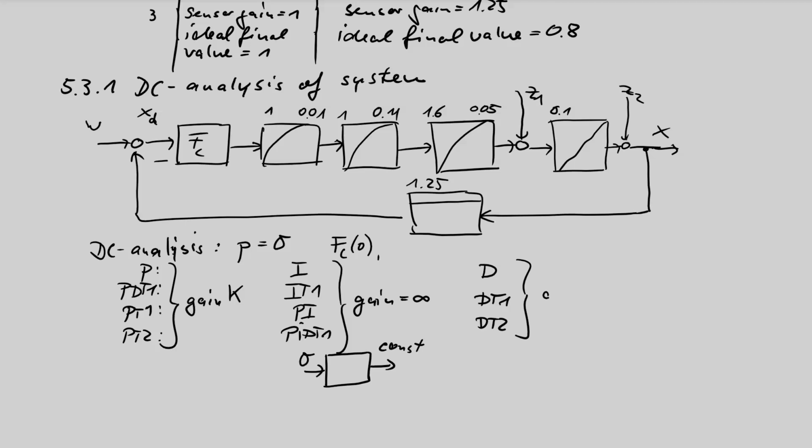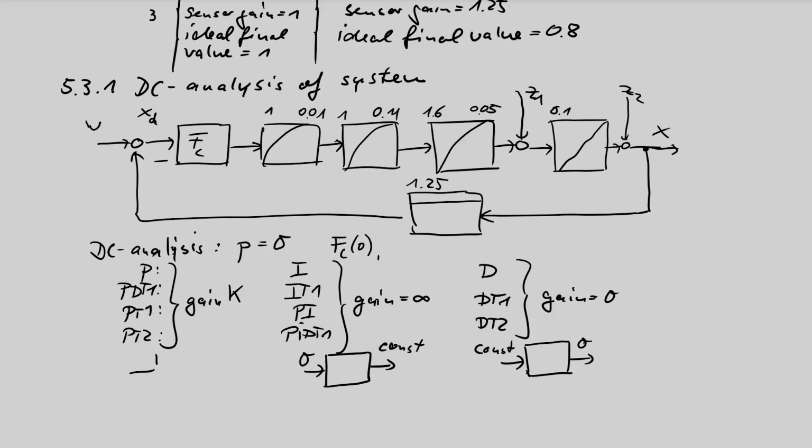There is a DC gain, which is 0. I have mentioned this earlier. And we can say, okay, in steady state situation, we have maybe a constant input. We discuss constant values, then the output is 0.